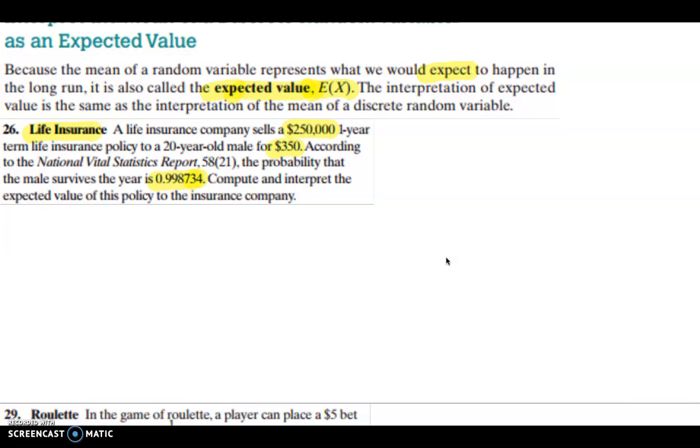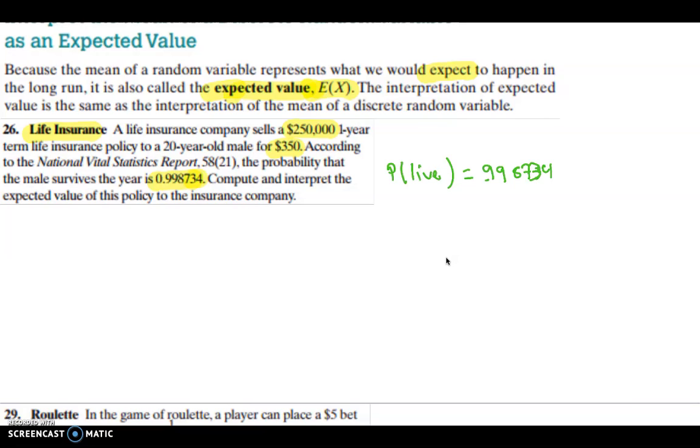So the probability that a male lives for the entire year is 0.998734. There's a very small chance that the 20-year-old male will not live through the year, whether it be illness or accident, or the case may be.